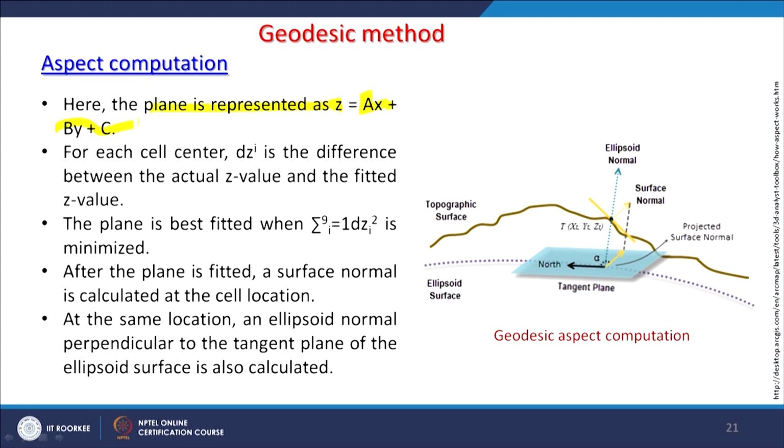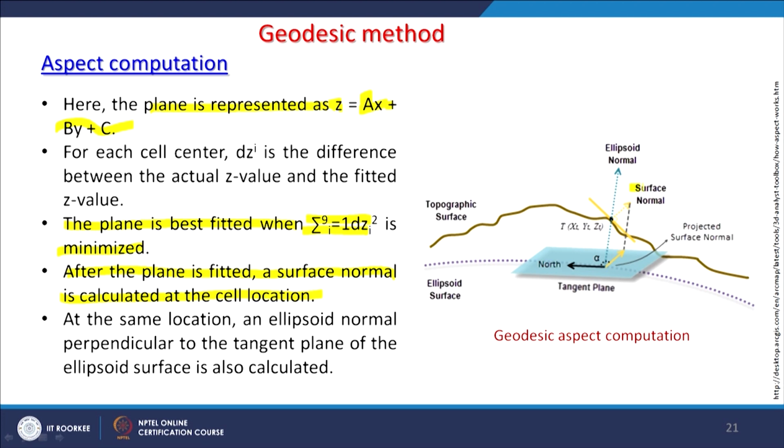So, there will be a difference in the z value. That has to be also counted while doing this aspect calculation employing the geodesic 3D Cartesian system. Then the plane is fitted with this formula which minimizes the variance, and after the plane is fitted, a surface normal is calculated like this.